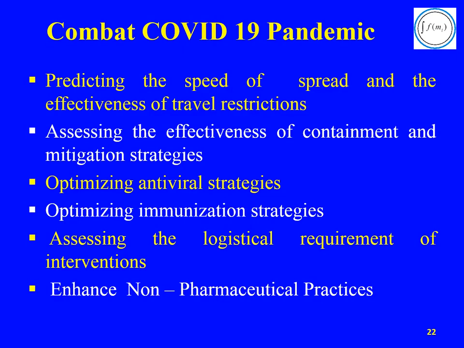Combat the COVID-19 pandemic with the help of statistical modeling. As I told you, you can get a predicted outcome from a statistical model. When you analyze the predicted outcome, you will be able to understand the outbreak of the pandemic. Based on that, authorities can impose various restrictions to avoid the spread.